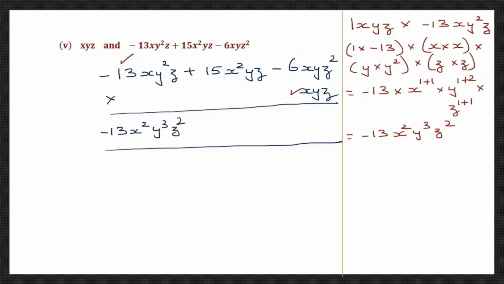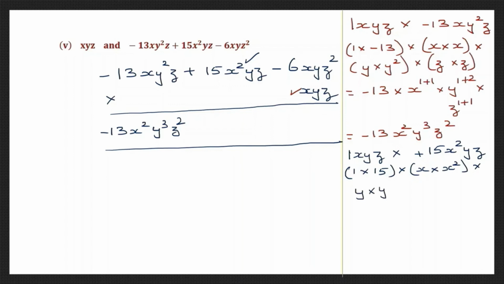Now we are going to multiply x, y, z into the next term. So let's multiply. So I'll take the numbers 1 into 15, and then I'll take the x, which is x into x square. Then let's take the y, which is y into y, and then the z, which is z into z. Okay, now 1 into 15 is 15.